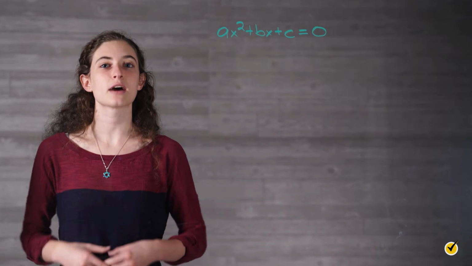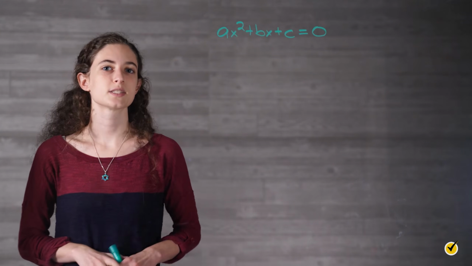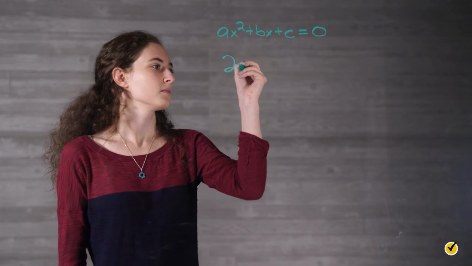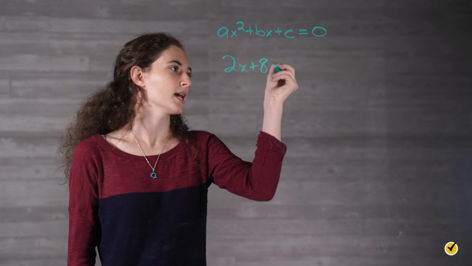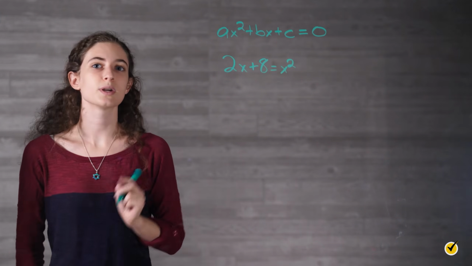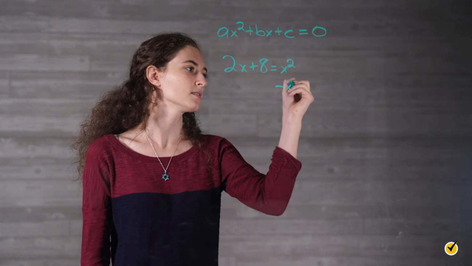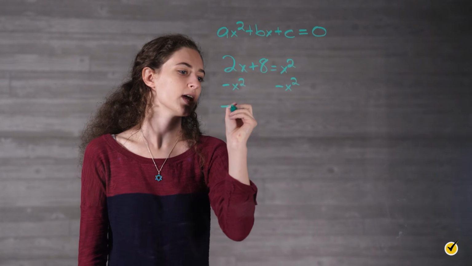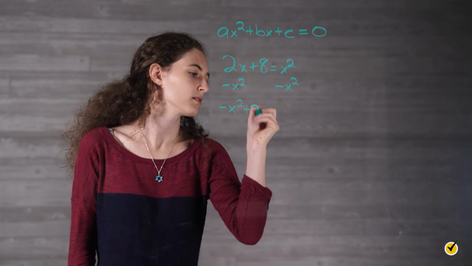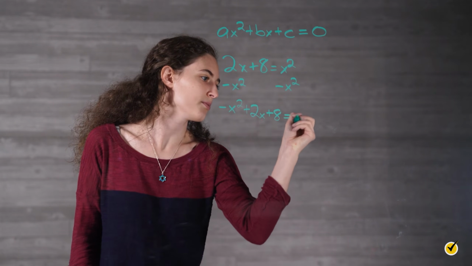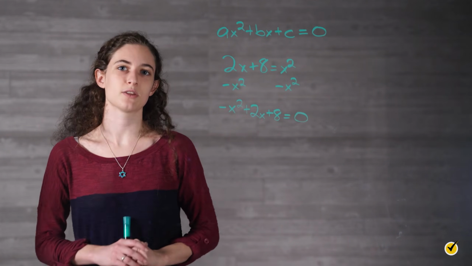If your equation is not in standard form, simply add or subtract terms as needed. For instance, 2x plus 8 equals x squared is not written in standard form, but by subtracting x squared from both sides, we get negative x squared plus 2x plus 8 equals 0, which is now in standard form.